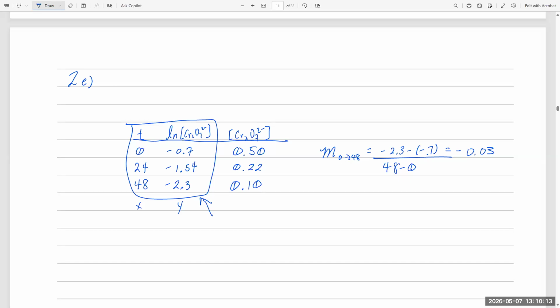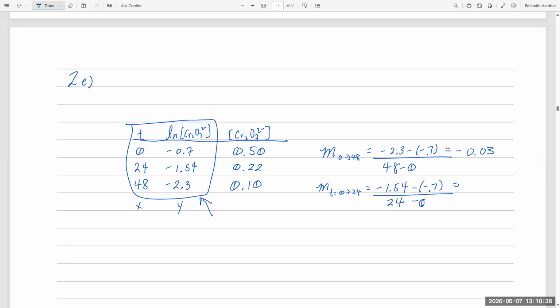I know we didn't plot this, but that would be the slope if we were to graph this. So now I'm going to take the slope of time from 0 to the halfway point, which is 24, and see what the slope of that line is. Now, what do we got? We got negative 1.54 minus negative 0.7 all over 24 minus 0.